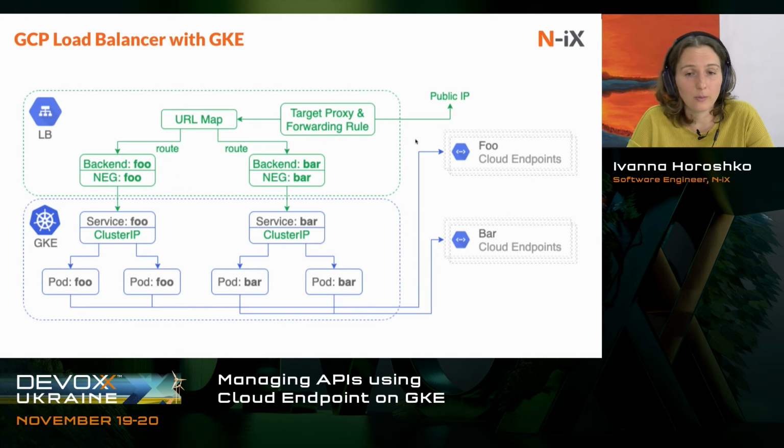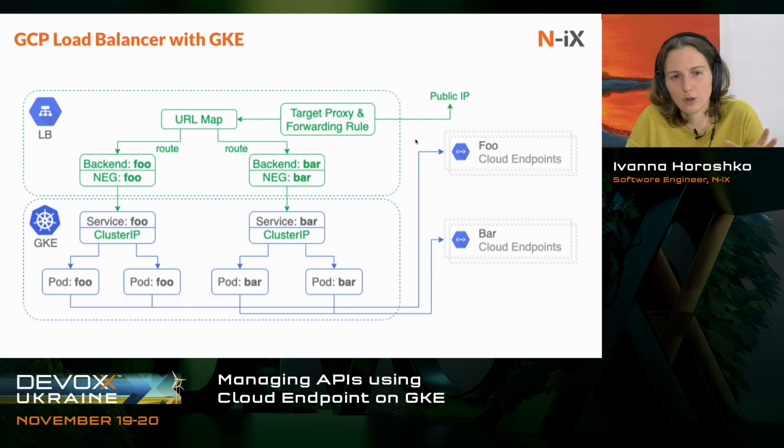But as we remember, because our cluster is in VPC-native mode, it means that those IPs are part of our network. So other Google resources that are in the same project and in the same network can access them directly using their IP address.